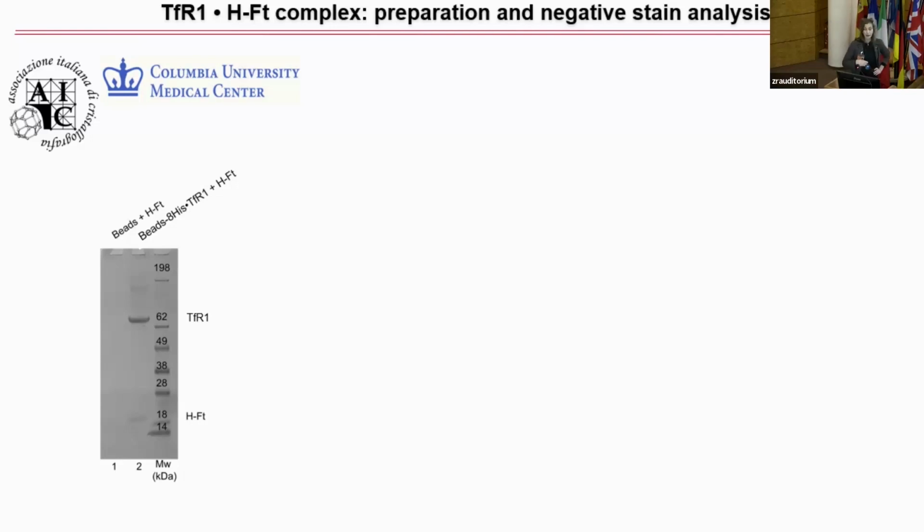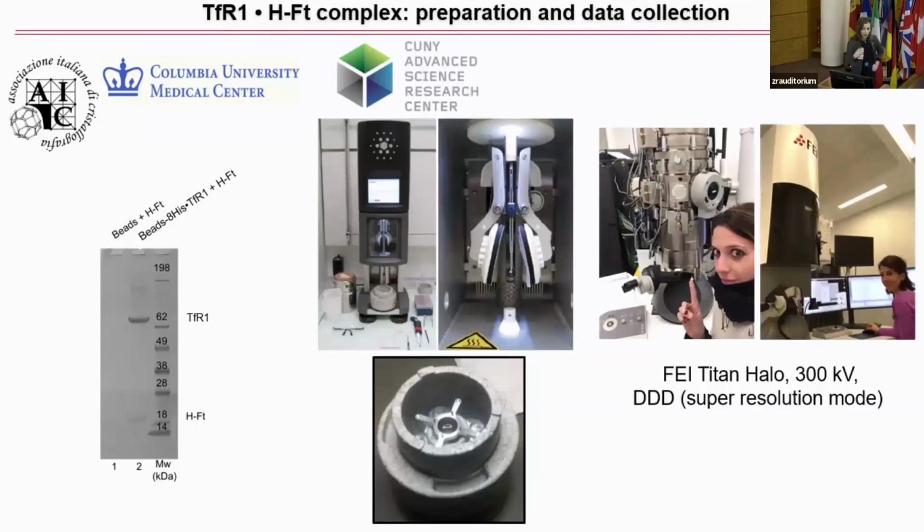In such a way, we had at least monomers. We didn't have the cross-linking problem. We didn't have the problem of large particles, heterogeneous ones. Simple works, at least in biochemistry. And then here I give a very brief scheme of the flow of cryo-EM experiments.